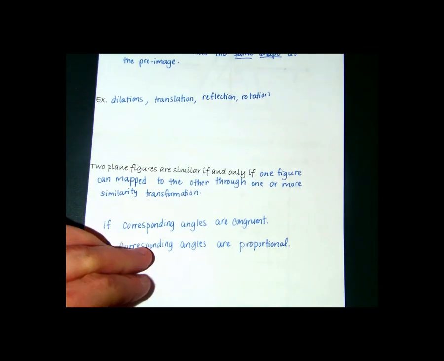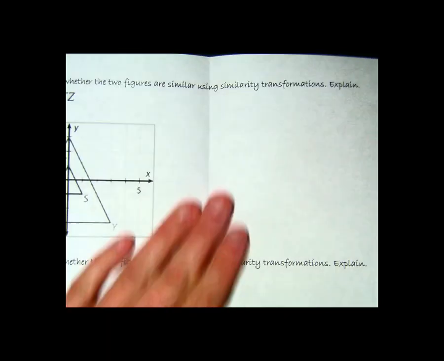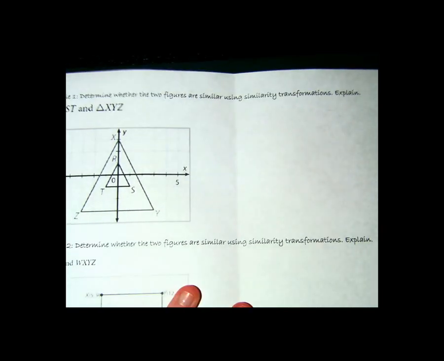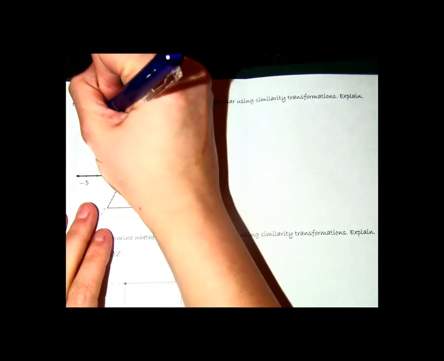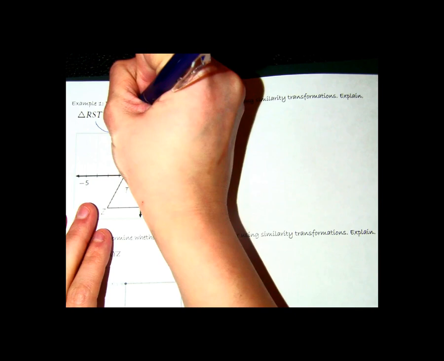Right, once you've got that copied, we're going to look at a couple examples, not definitions. So example 1. Keep zooming out so you can see it. Example 1 says, determine whether the two figures are similar using a similarity transformation. So we're looking at the coordinate points, and I'm going to go ahead and write them down as well so we can look at what happened from RST to XYZ.